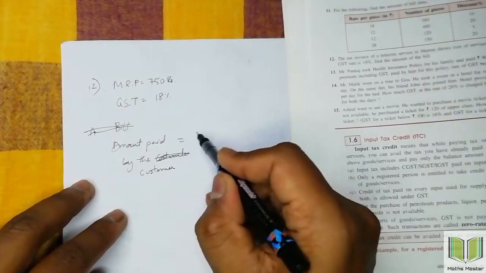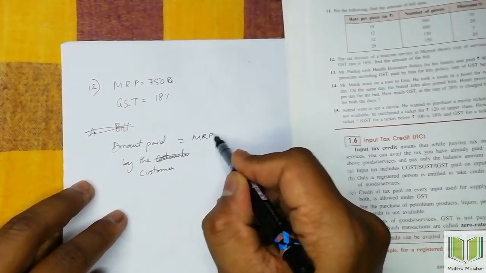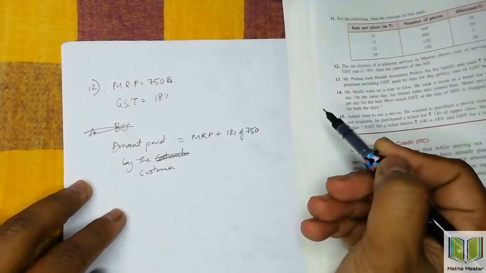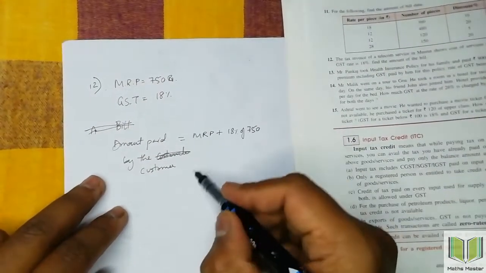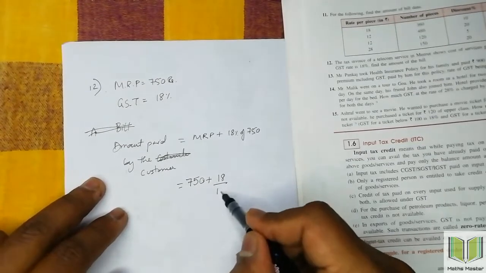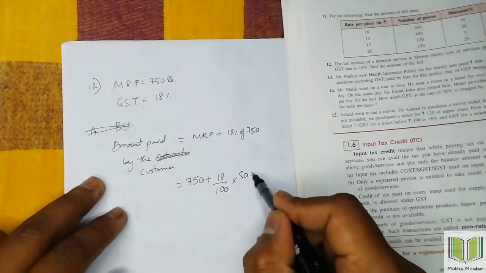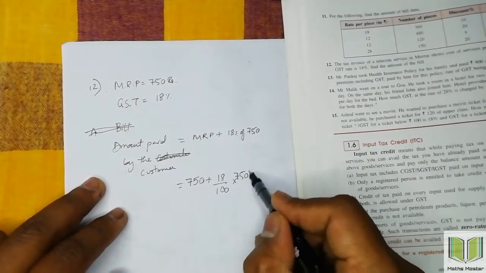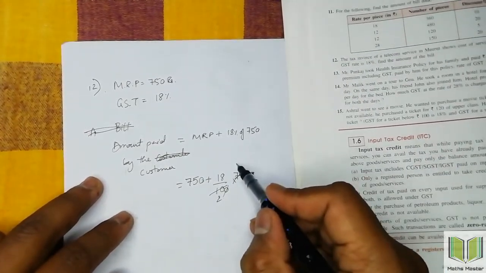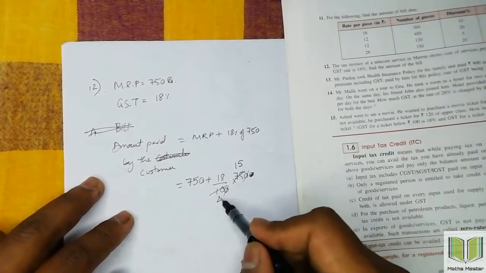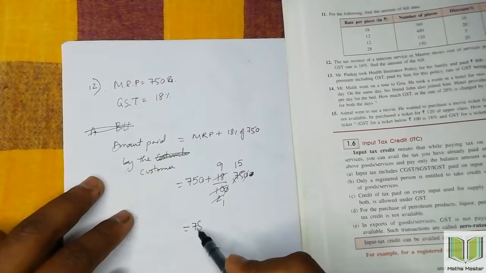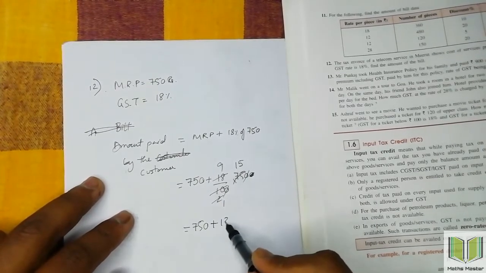Amount paid by the customer will be equal to MRP plus 18% of 750 rupees. First we'll find out the value: 750 rupees plus 18 by 100 multiplied with 750. 0 gets cancelled. 5 2s are 10, 9 times 15 is 135.